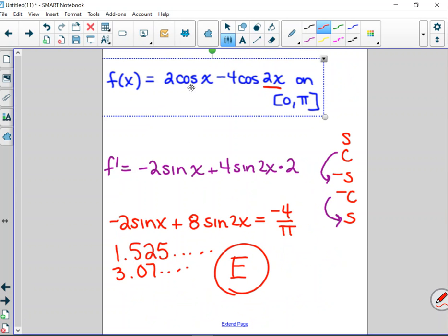The instantaneous rate of change is a little trickier. I'm going to show you a trick on that in just a second. And then the calculator skill. That's what makes it hard. It's not just do one thing. It's do like a million things all at one time.